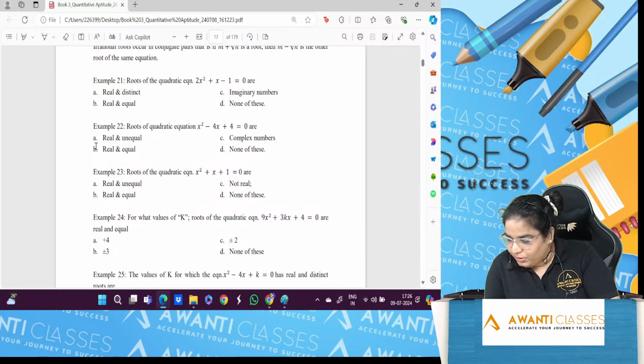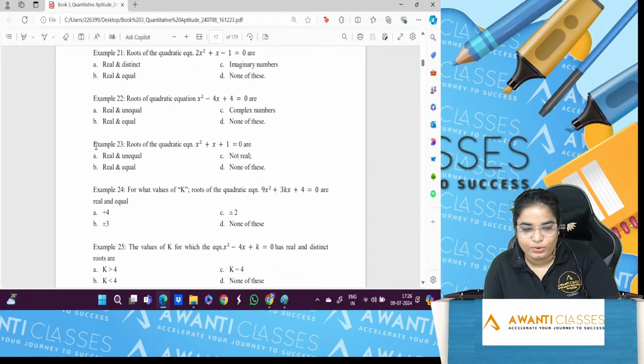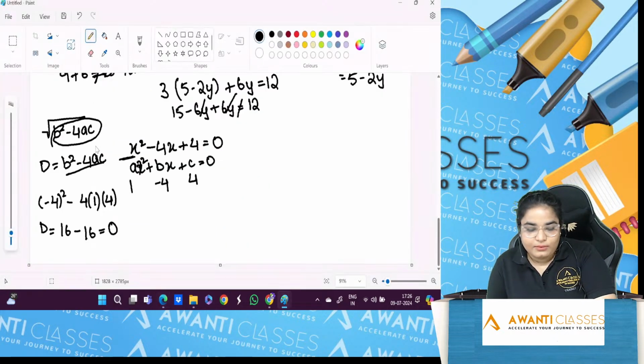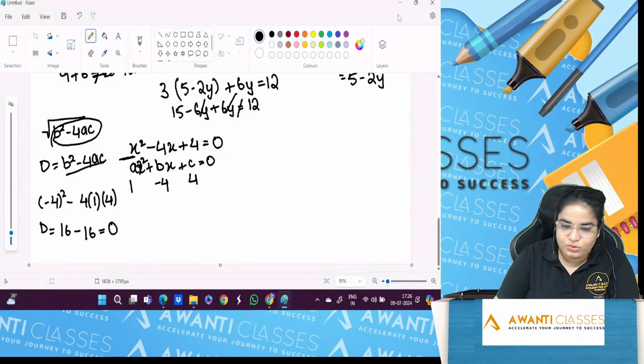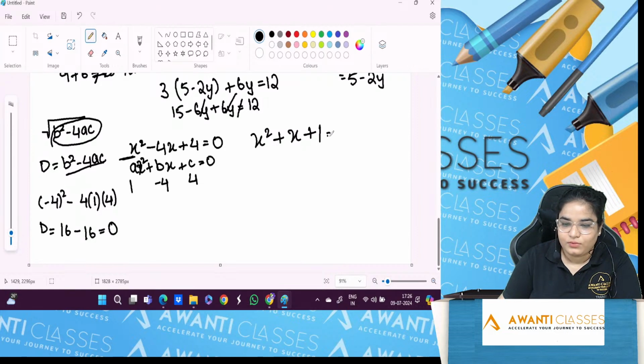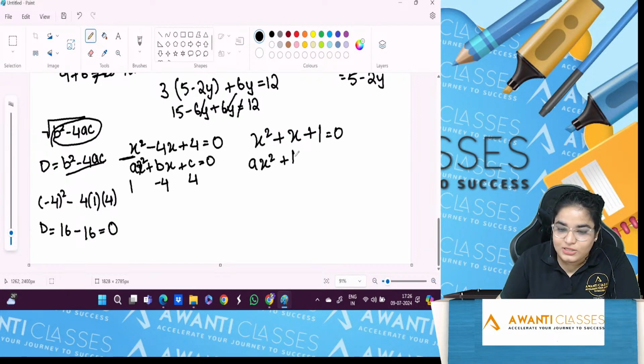Similarly, question number 23, can you all do and tell me? The exact same question. X square plus x plus 1. Okay. Same thing, no? Ax square plus bx plus c is equal to 0. Is there a coefficient to x square? No. So a is 1.